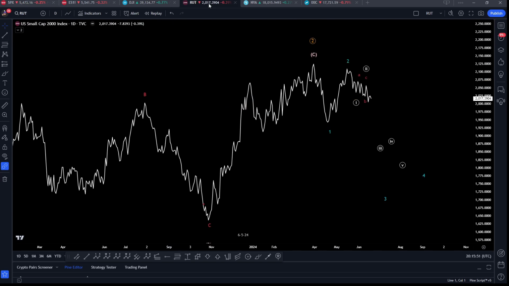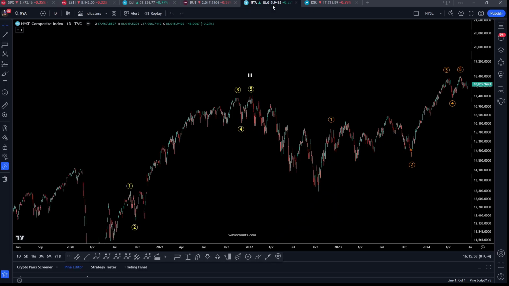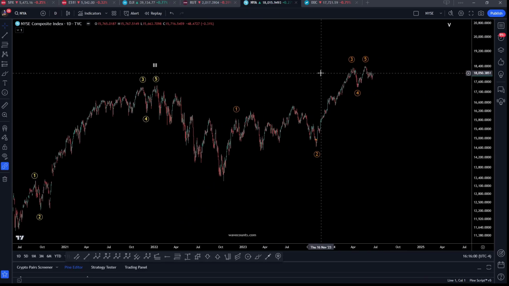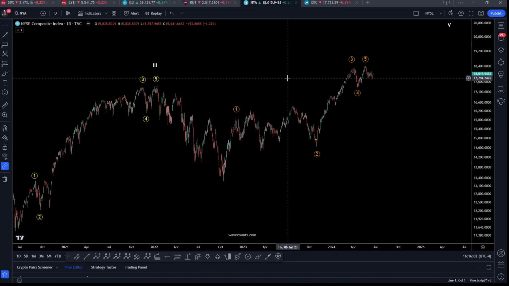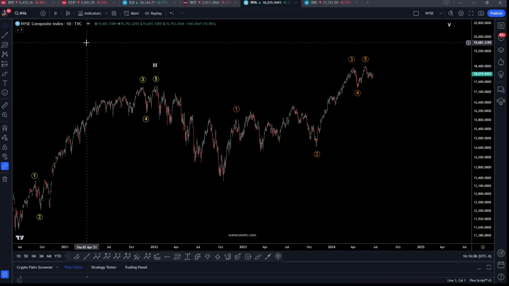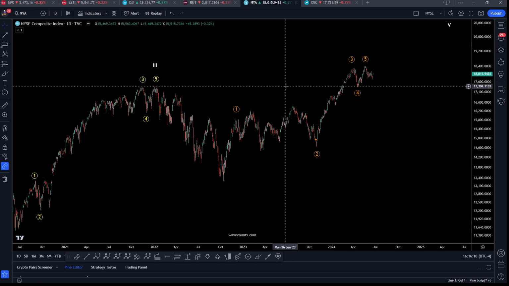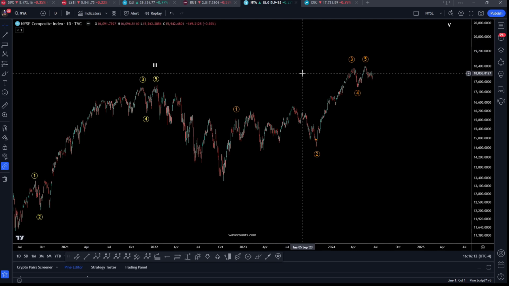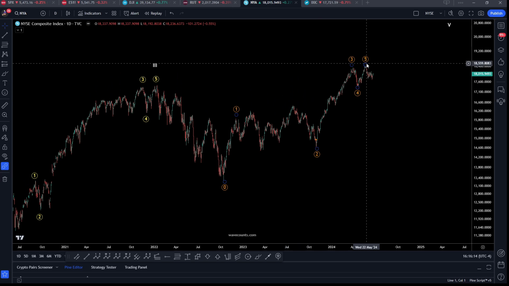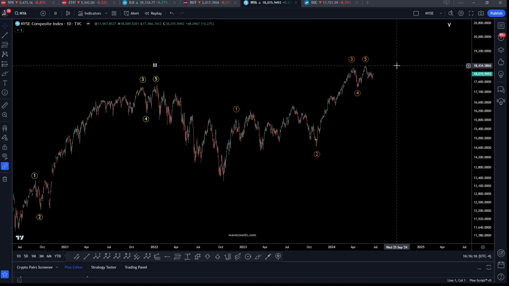But if 2,000 stocks unconfirming a high isn't enough for you, well, then check out the entire New York Stock Exchange composite. This is every stock within the entire New York Stock Exchange, the whole exchange. And we have a top the same time as the Dow Jones.